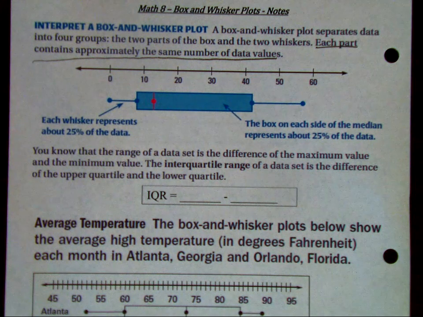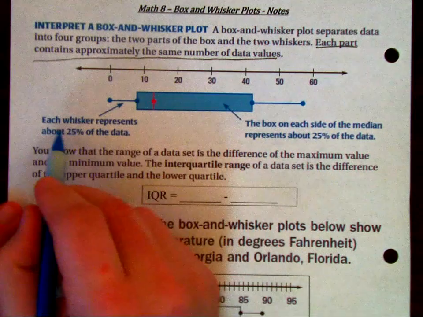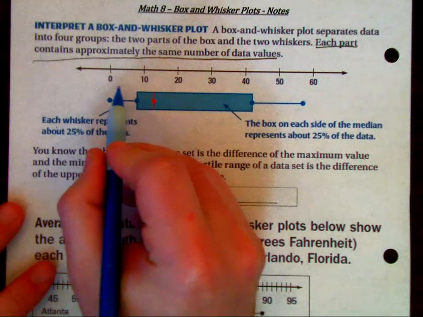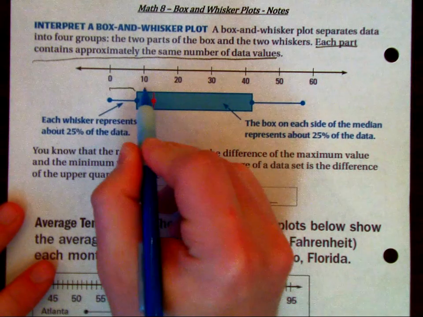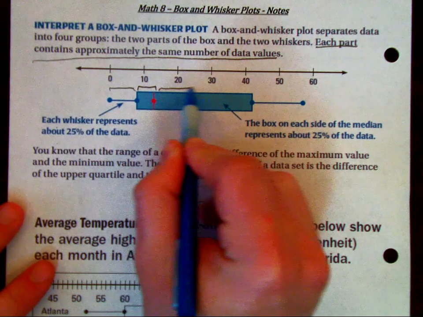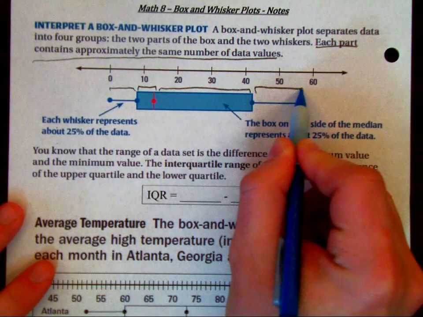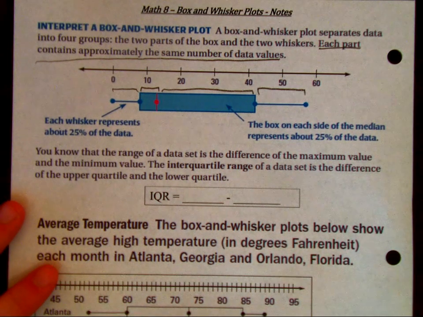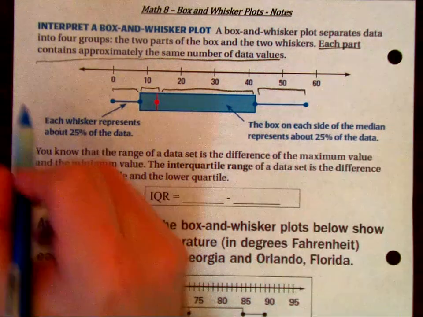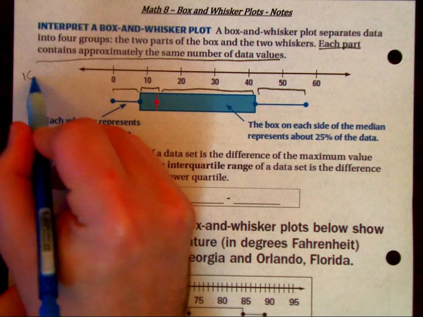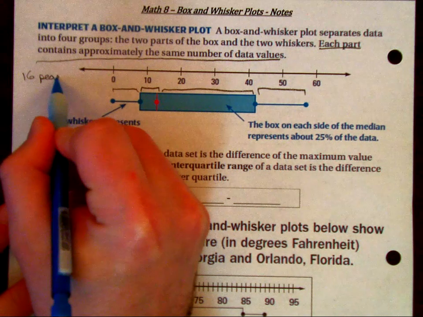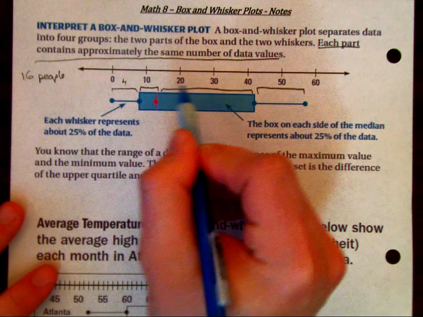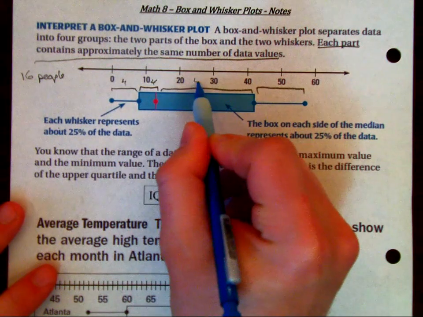So we're saying each of these sections, because there are 4, even though they look larger, I can assure you they have the same number of people. So I could say, all right, if we have, for example, 16 people, this would be 4 people, this would be 4 people, this would be 4 people, and this would be 4 people.